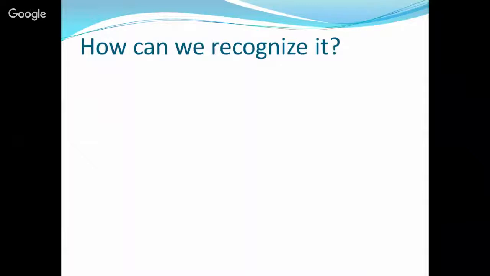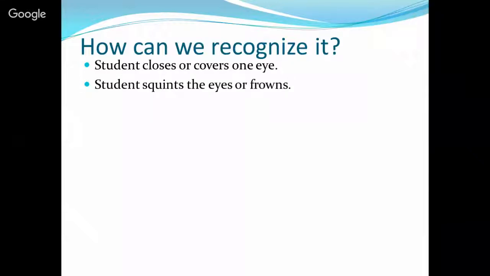Okay, so how can we as educators recognize it in our classroom? I think that's a big thing that some educators struggle with. So sometimes the students will close or cover one eye to try to focus in better on what we're saying or what we're presenting.